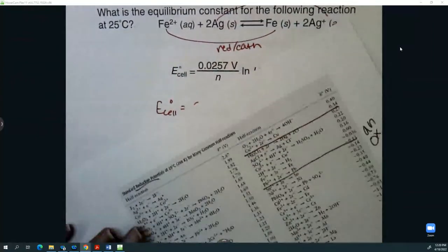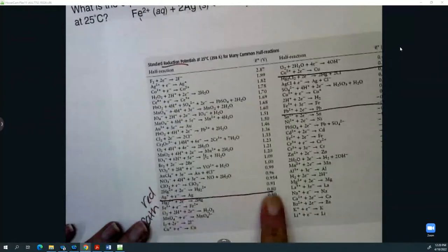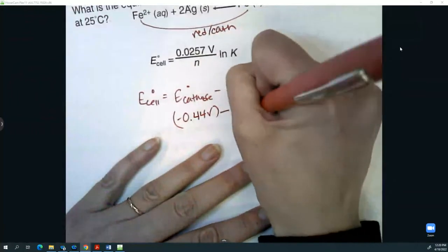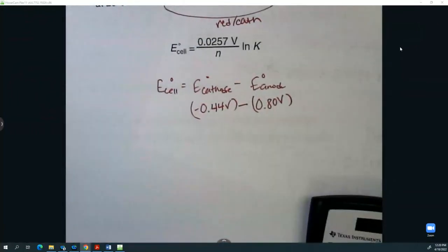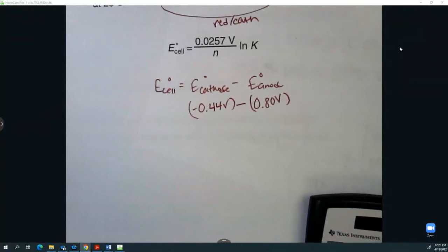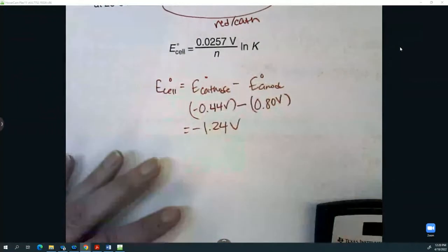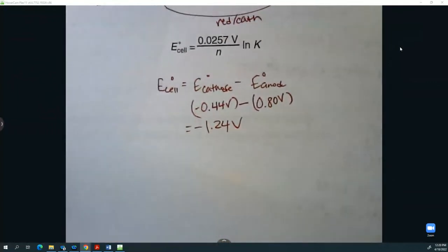And then the silver is, oh yeah, this one I've been using a bunch, 0.80. So not spontaneous, but that's fine.